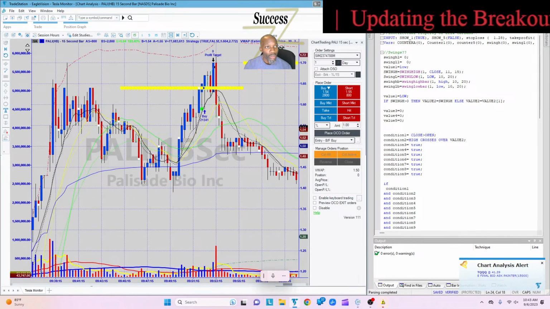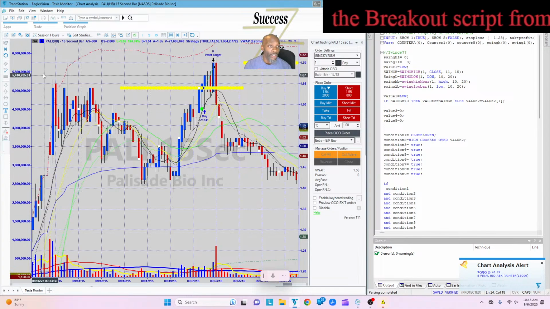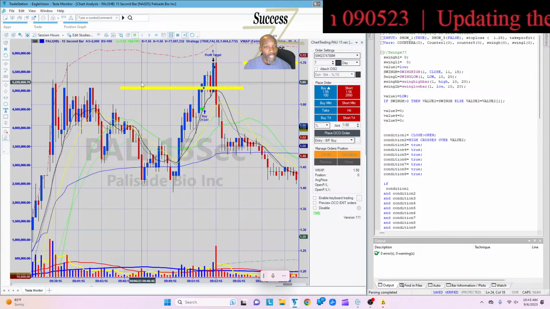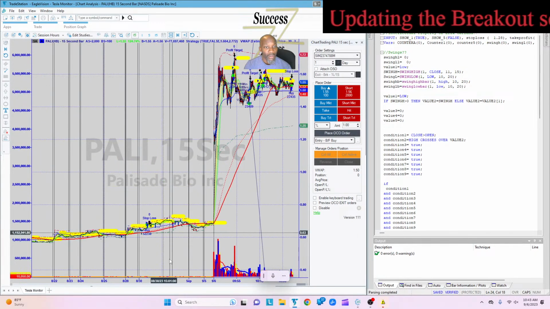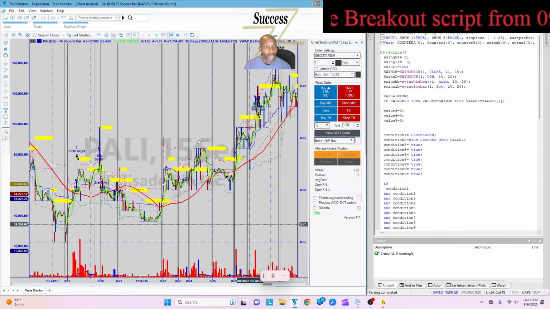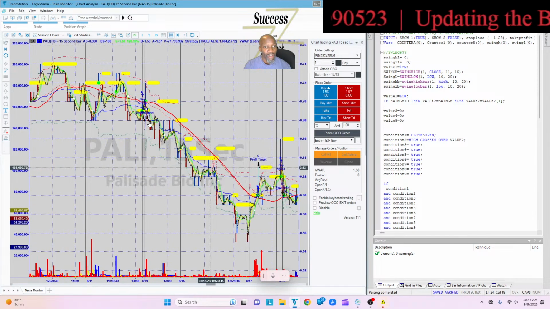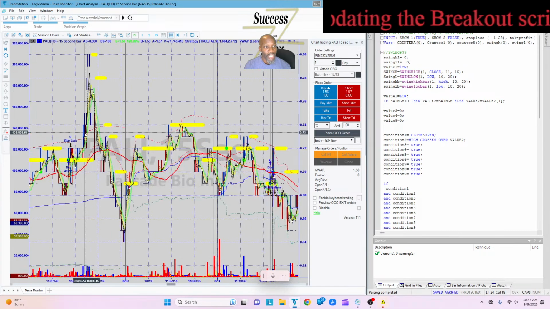I do want to make sure that it's not capturing trades earlier in the chart. Well, it did. One there, several through here, and this liquidity is not high enough for me to consider even taking trades through here.